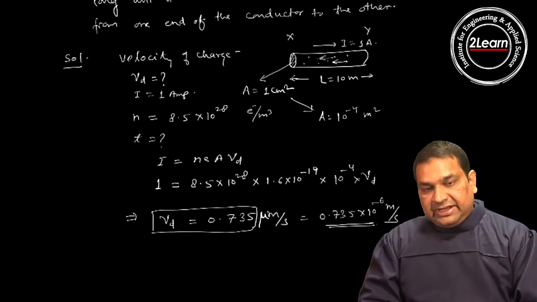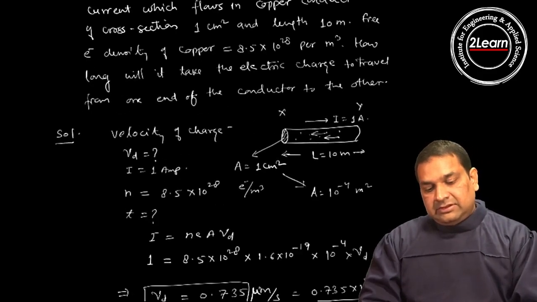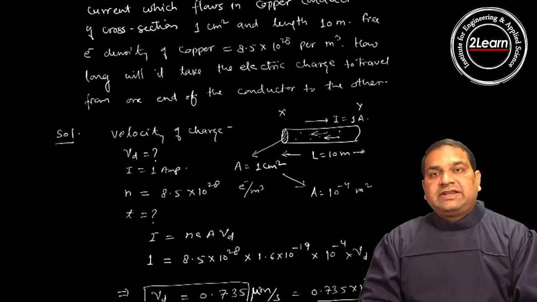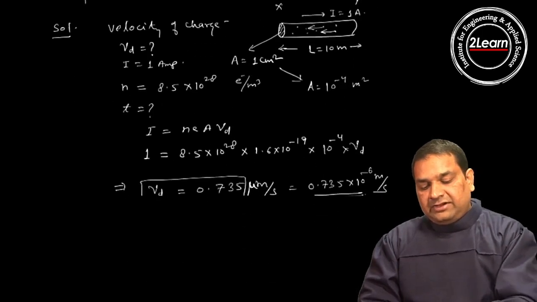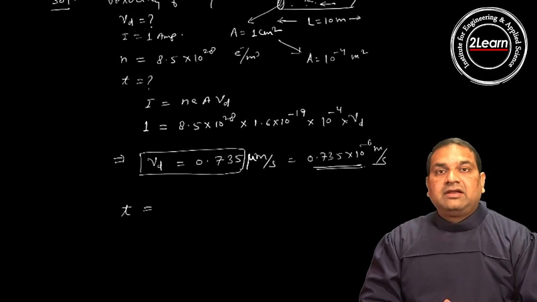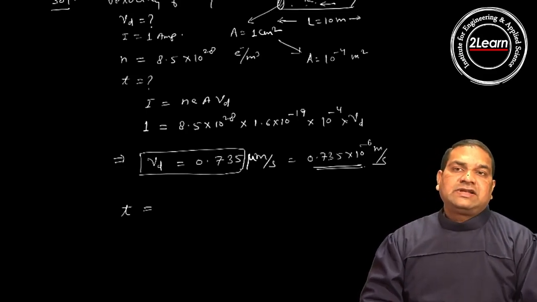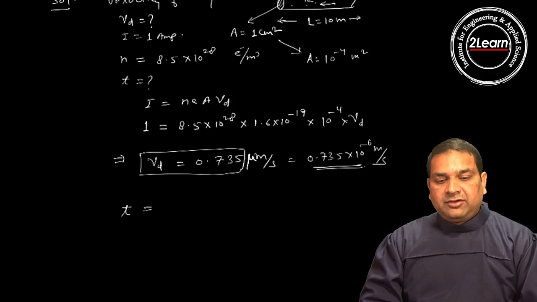Now the next part is, how long will it take from one end to the other end? Suppose that time is T. Drift velocity equals length per unit time.